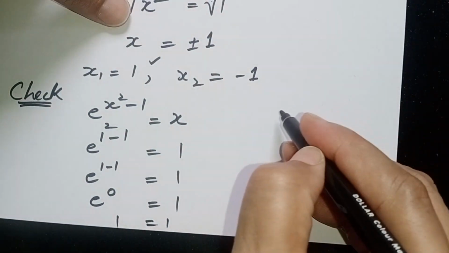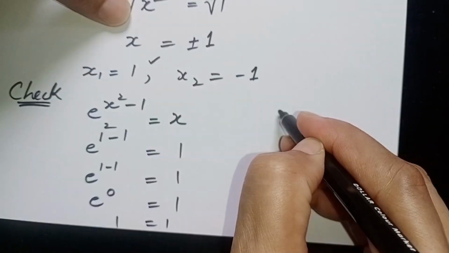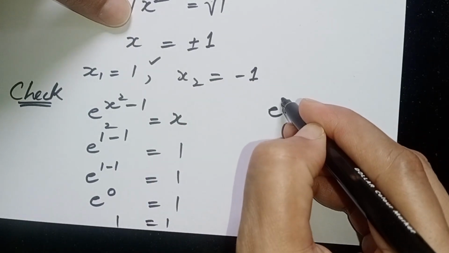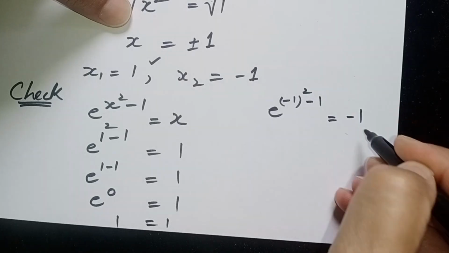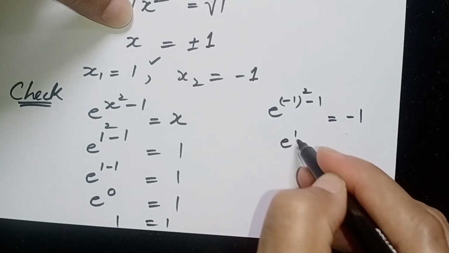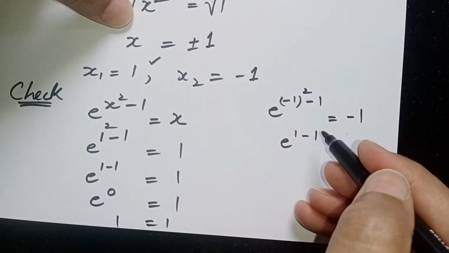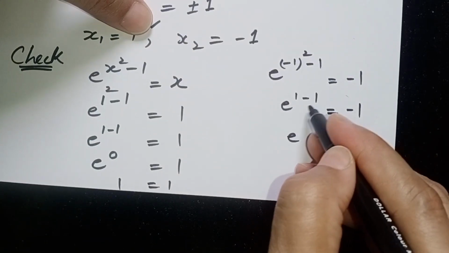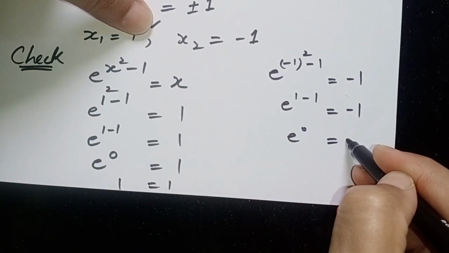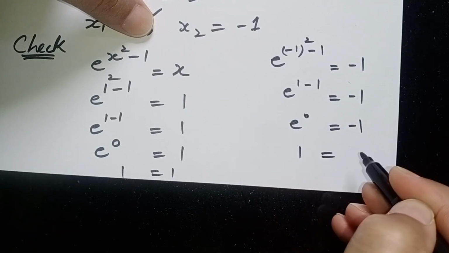For the second value, x is equal to minus 1, we will write e^((−1)²−1) is equal to minus 1. Here minus 1 squared is 1, so 1 minus 1 gives 0, and e^0 is 1. It is equal to 1, but it should equal minus 1.